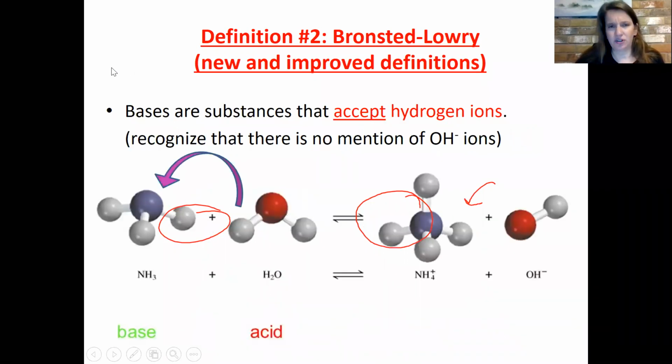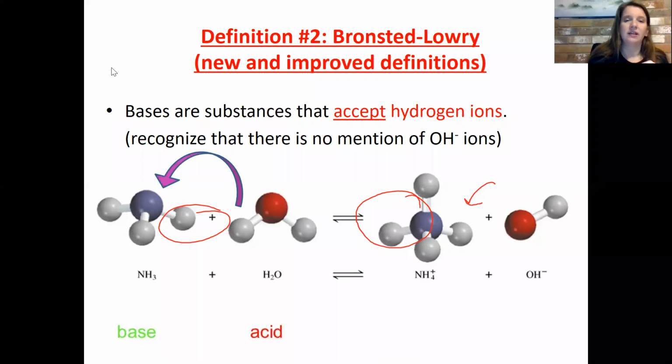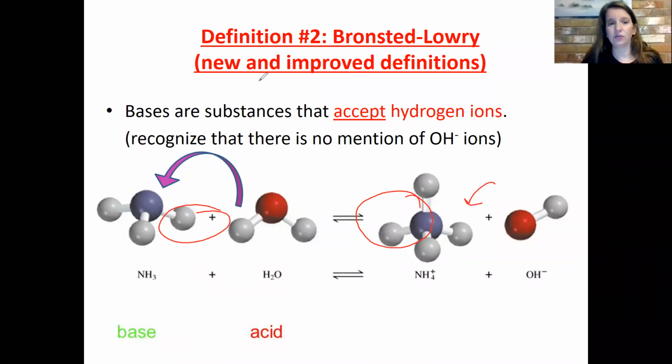The base definition has changed a little bit more, though. Now we are thinking not in terms of an OH ion in the formula, but that it accepts a hydrogen ion. So acids donate the hydrogen ion, bases accept the hydrogen ion. And when they accept it, that's how they end up producing the hydroxide ion in solution.